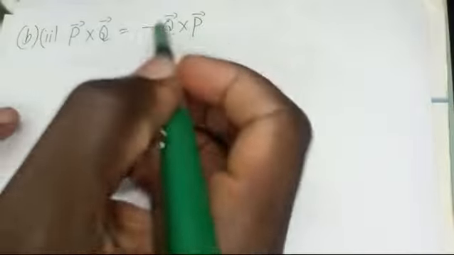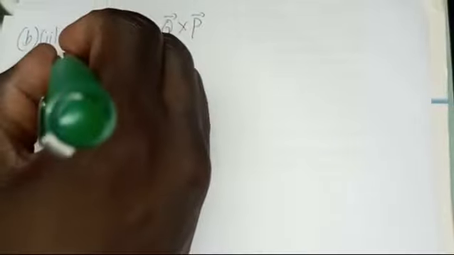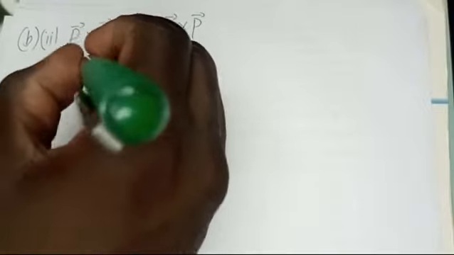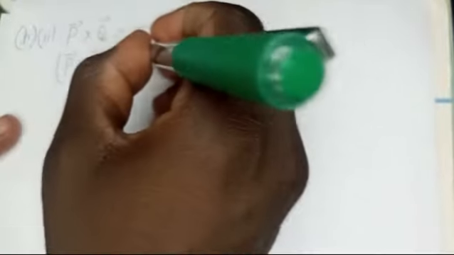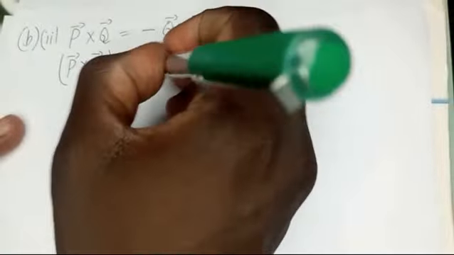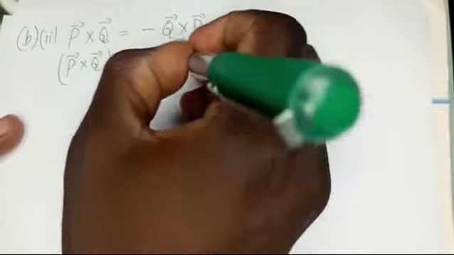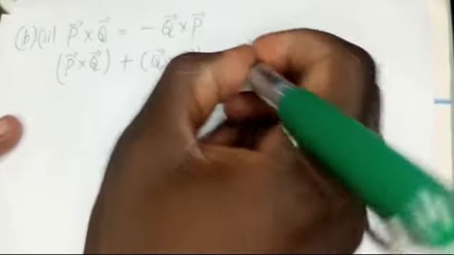So I can rearrange this one and say I have vector P cross Q, I take this one to the other side, it becomes positive, plus vector Q cross P. This should give me 0.